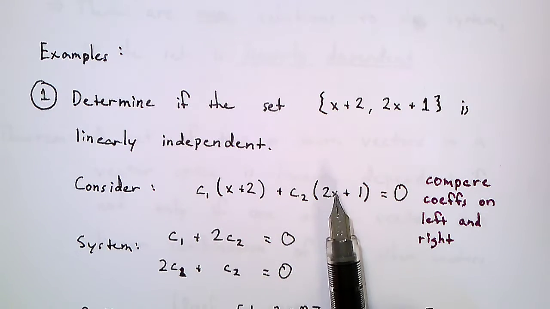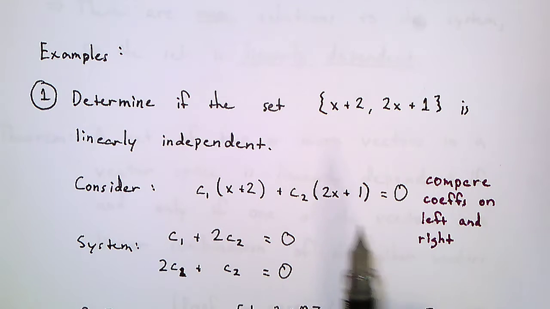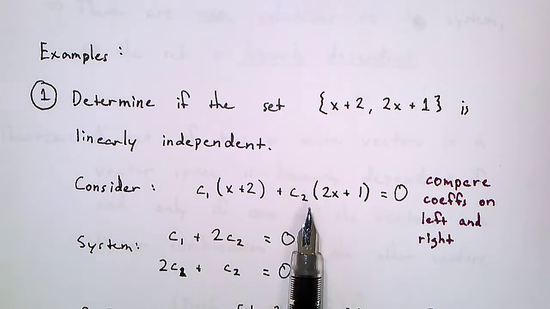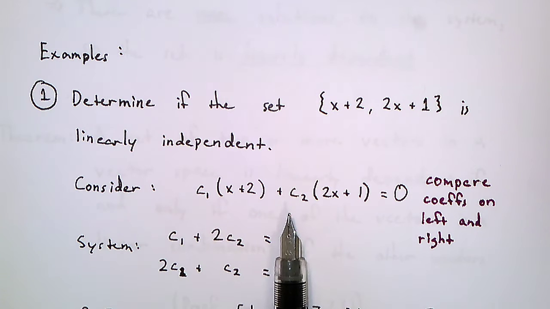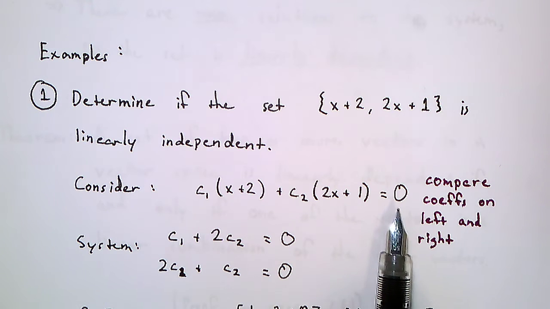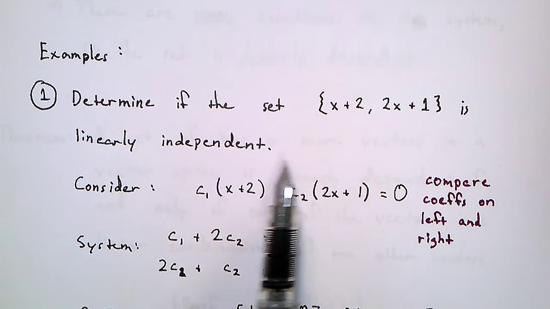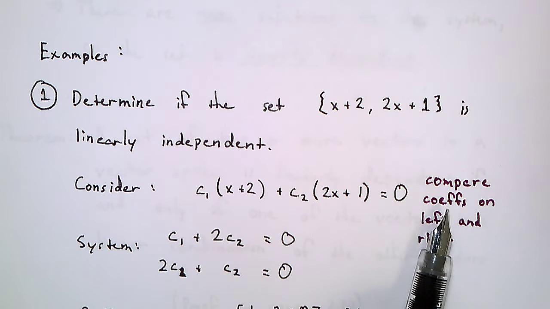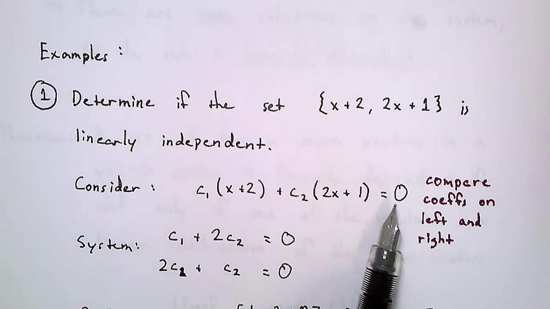So what we have to do to determine if this set of vectors is linearly independent is see what solutions, what values of c1 and c2 work in this equation. What's going to happen is that this vector equation, this polynomial equation, is going to lead to a system of linear equations that we get by comparing the coefficients on the left side with the coefficients on the right side.